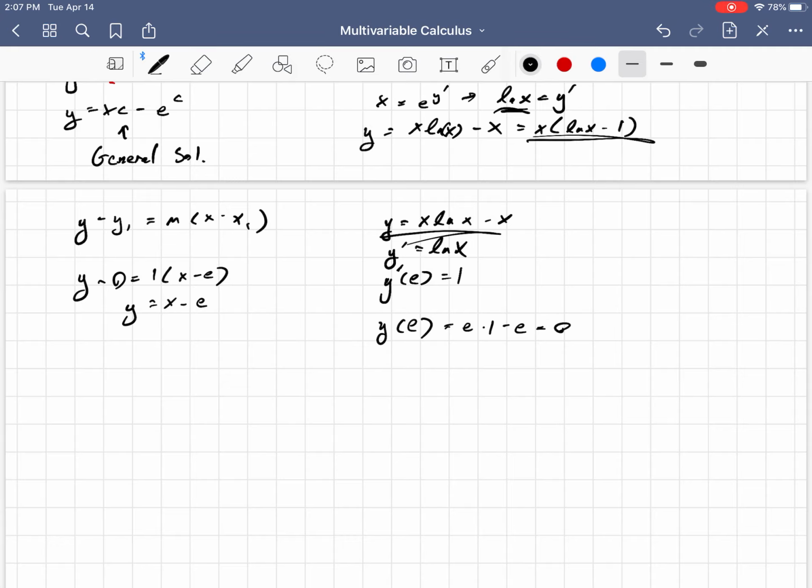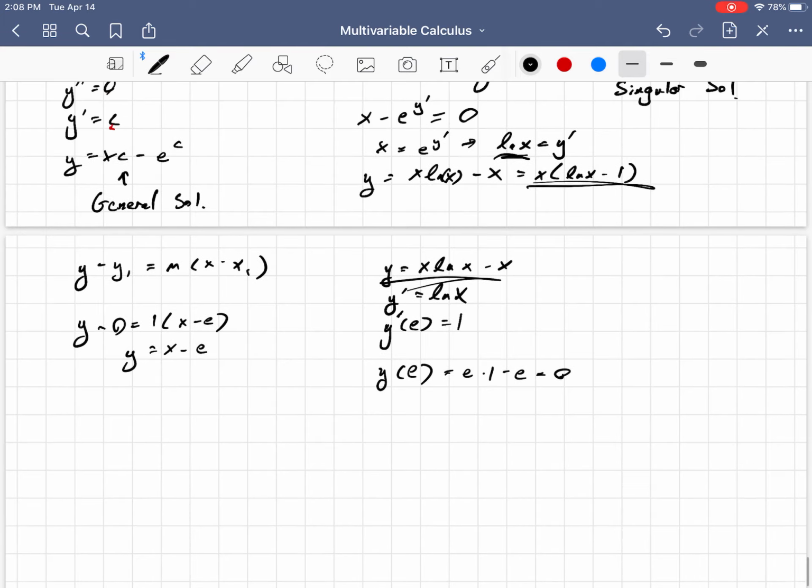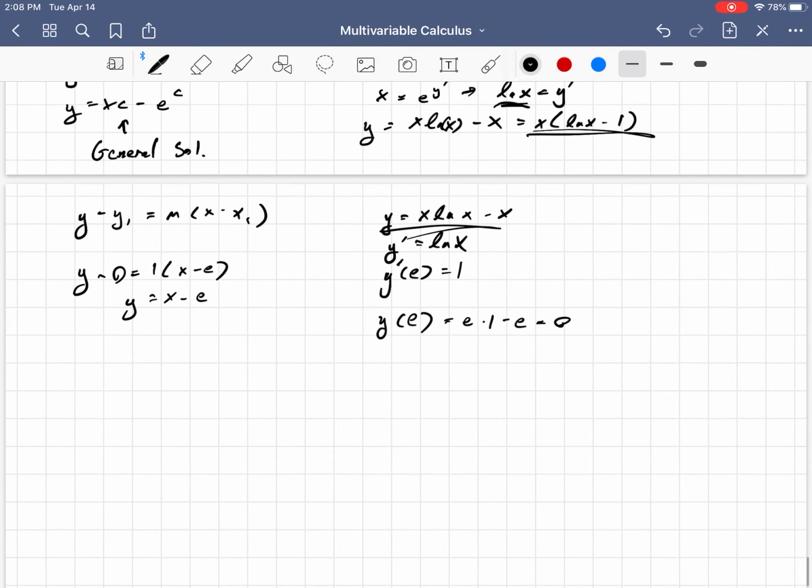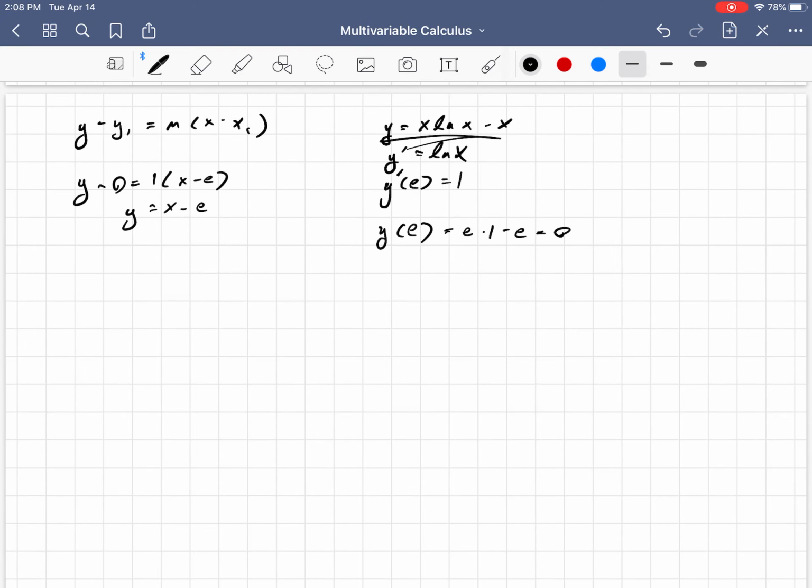So we have y minus 0 is equal to 1 times x minus e, or in other words, y is equal to x minus e. So it is indeed tangent.